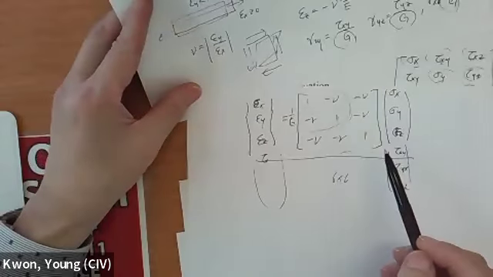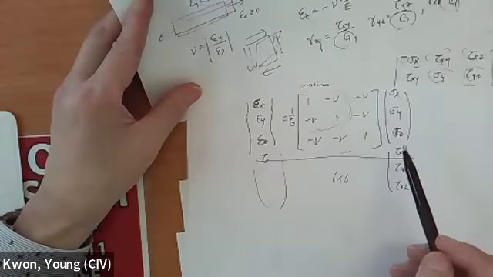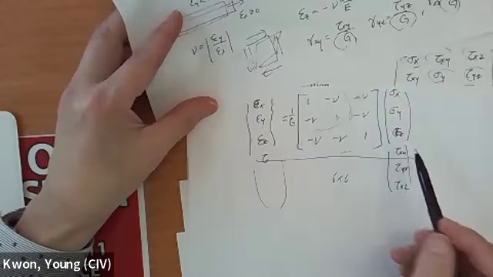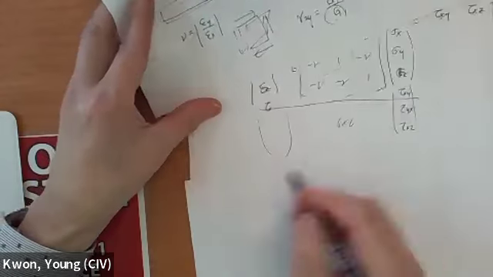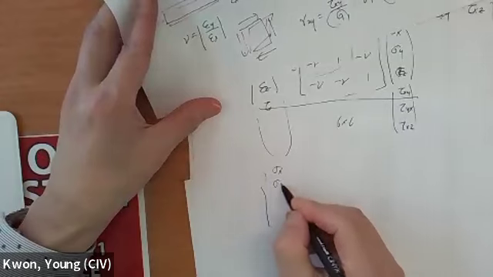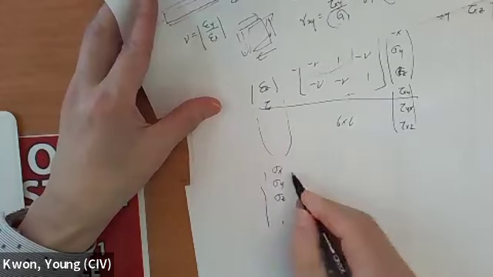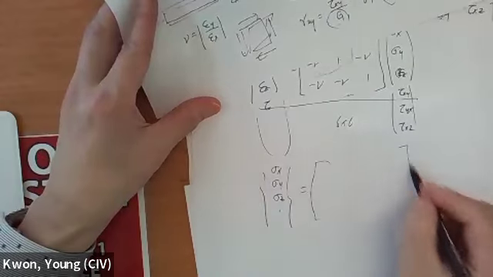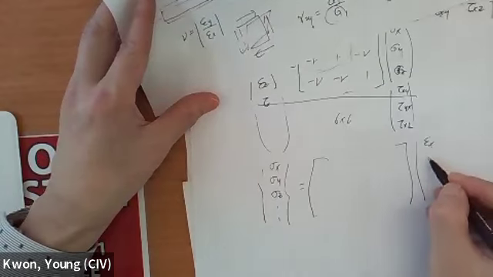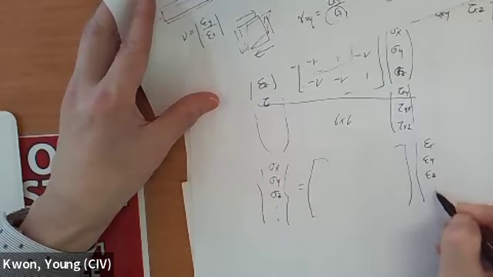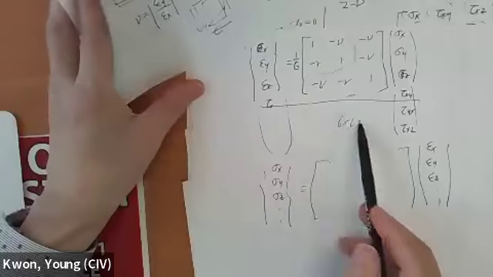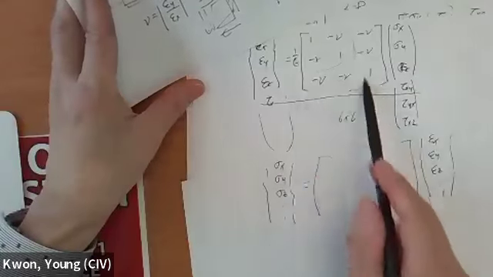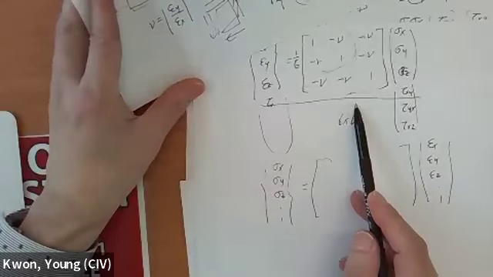So once you have that, then standard notation is that we want to write sigma x, sigma y, sigma z, etc. in terms of epsilon x, epsilon y, and epsilon z, etc. like that. So we have to invert this matrix, okay?